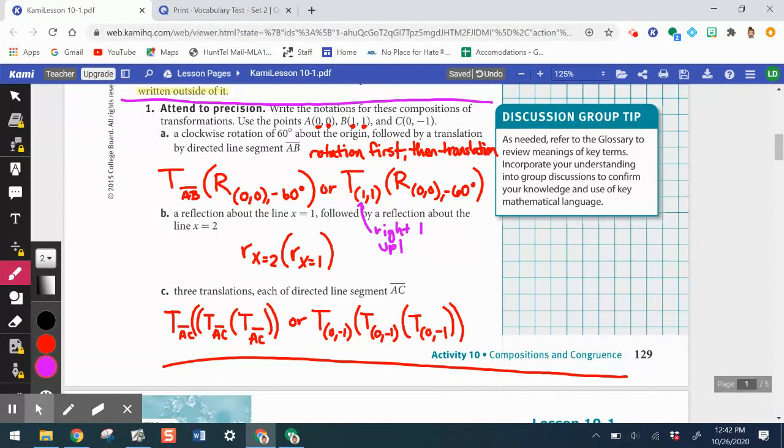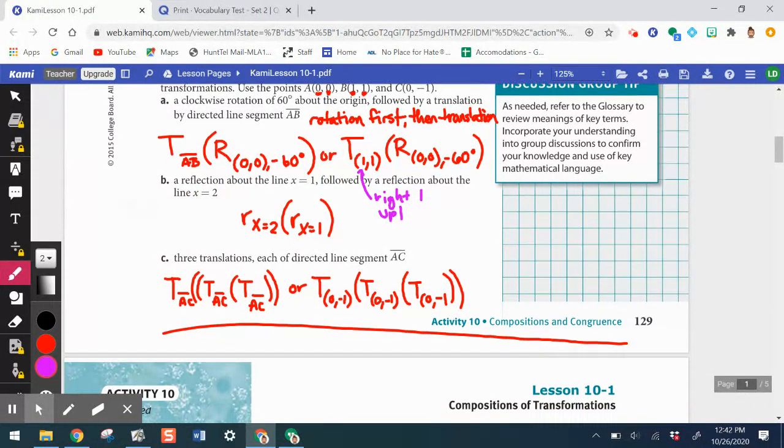Because our x value is positive 1, our y value is positive 1, that's really just telling us the distance and direction to go. Right 1 and up 1. So there's 2 ways to represent translations. We could either simply say directed line segment AB, although that doesn't really give us much information, or we can say what looks like a coordinate, positive 1, positive 1, because this translation will, of course, move right 1, then up 1.